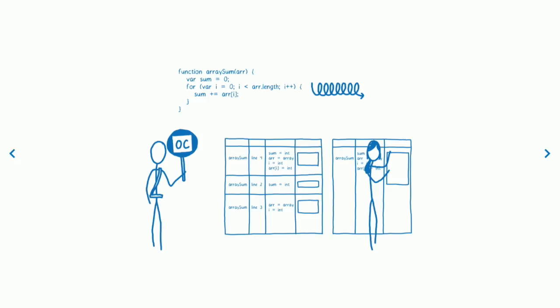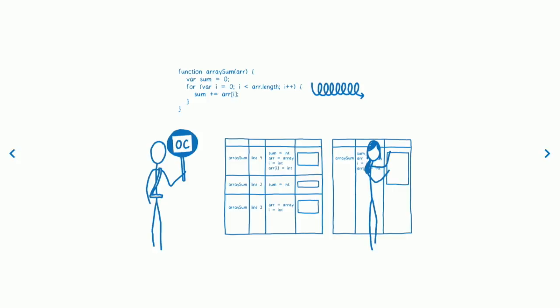In order to make the faster version of the code, though, the optimizing compiler needs to make some assumptions. For example, if it can assume that all objects that are created with the same function have the same shape, that is, that they have the same properties, and those properties have all been added in the same order, then it can cut some corners and make things go faster based on that.